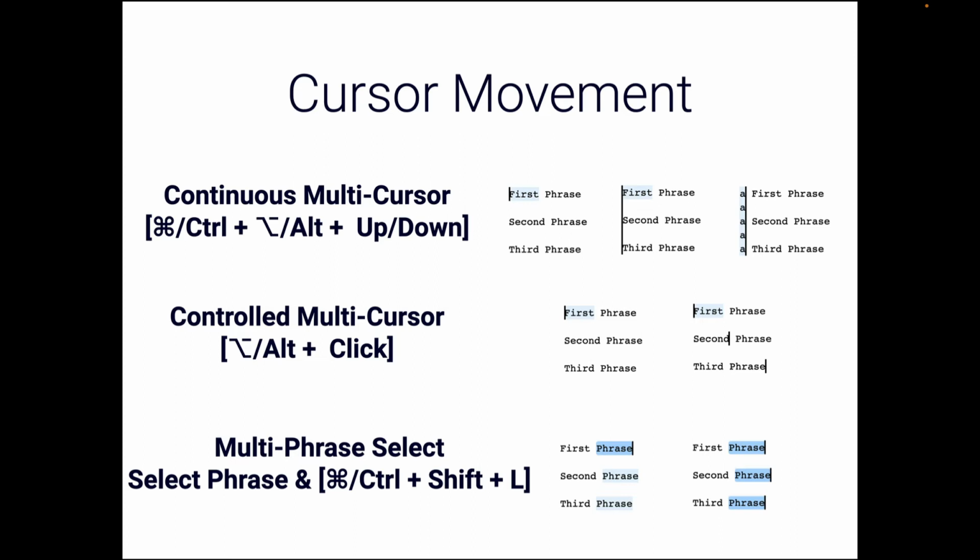And then lastly, you can do what's called a multi-phrase select, where you can select one phrase and then expand that one phrase selection across the entire document. So if you need to change in place a specific phrase, or you want to see where these phrases are, Google Colab provides a great highlighting feature for that.